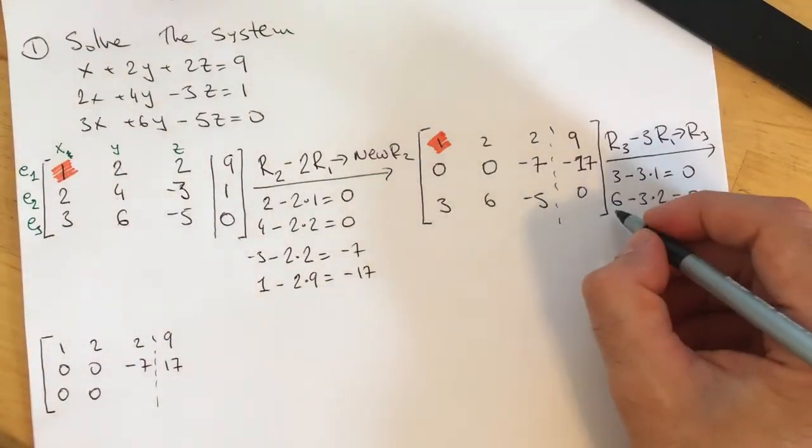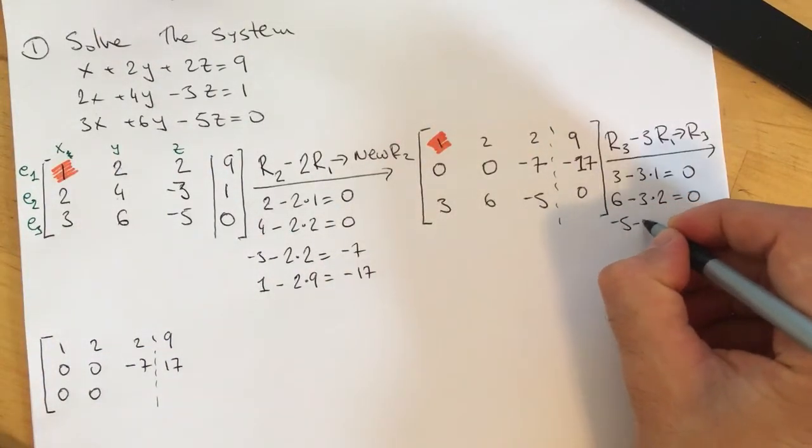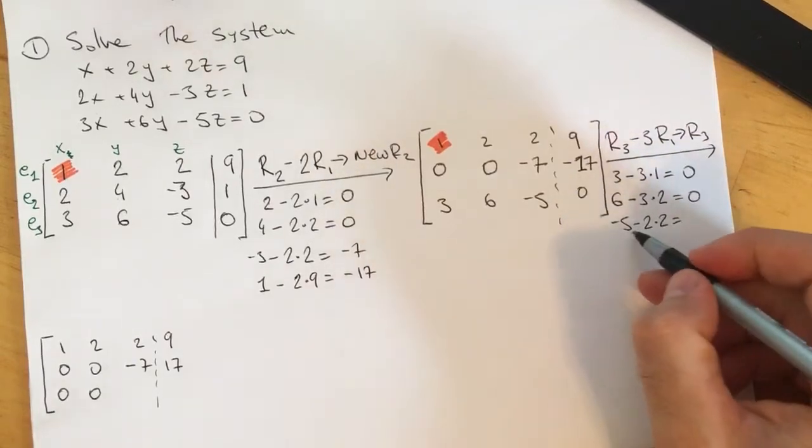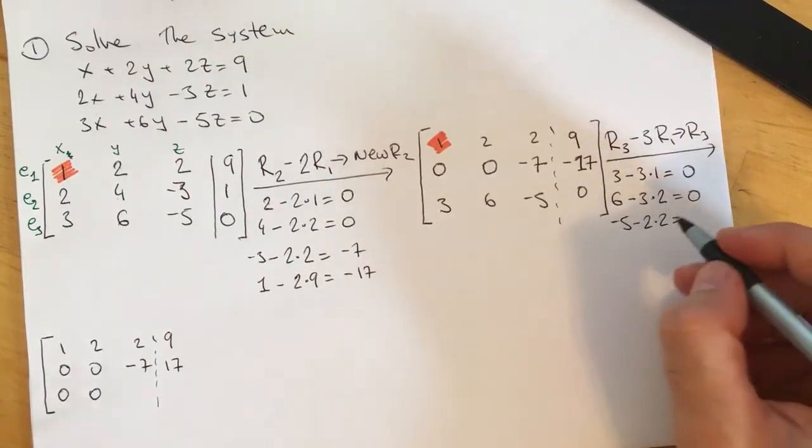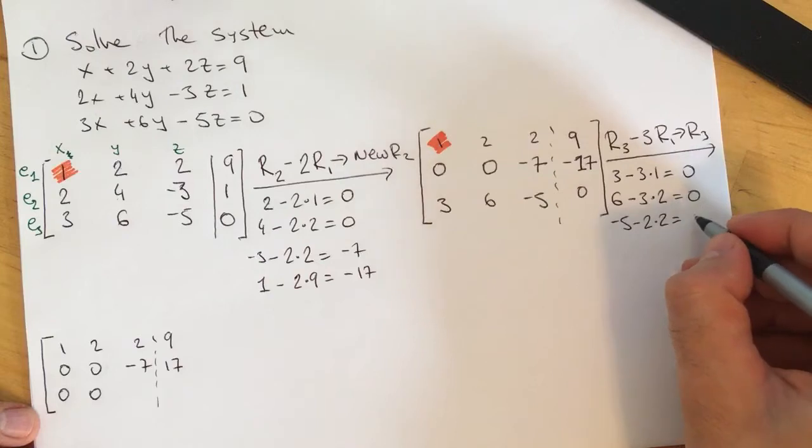Okay? And negative 5 minus 3 times 2 is equal to negative 11.